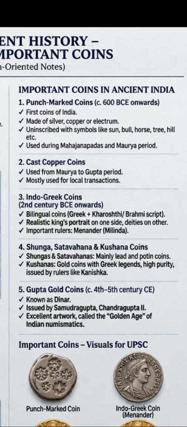Greek is the main language, and one of Kharosthi or Brahmi is included. They have a realistic king's portrait on one side and deities on the other side.